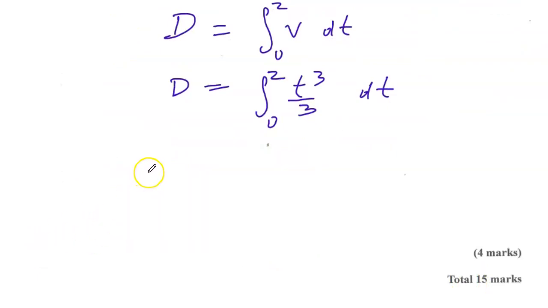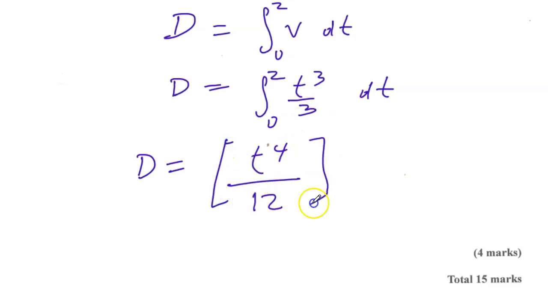Integrating, we add 1 to the power, we get 4, and divide by 4. We already have 3 down here, so 4 times 3 gives 12 down here, between the limits 0 and 2.